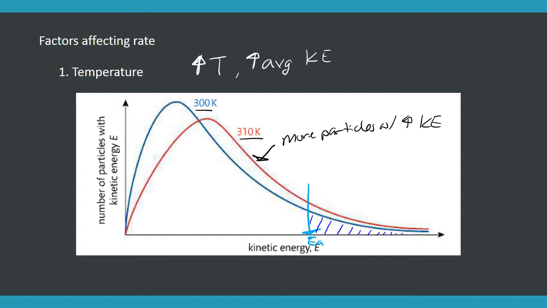But because we've increased the energy of all our particles, the amount of area under the curve has also increased. So now we have increased the collision frequency because more particles have more kinetic energy, and therefore they're moving around more erratically. So they're going to hit each other more often. And because they have enough energy, we're going to increase the number of successful collisions.